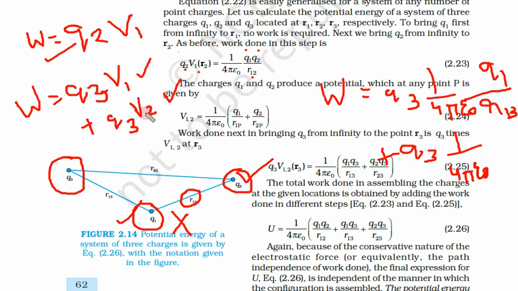This is v2 due to charge q2, and the distance between q2 and this q3 is r23. See here, 1 upon 4 pi epsilon naught is taken common: q3 q1 and the distance is r13, plus again, q2 q3 and the distance r23.